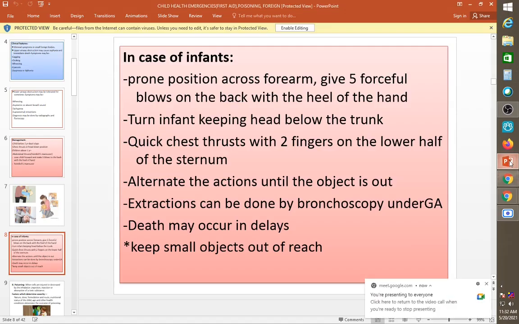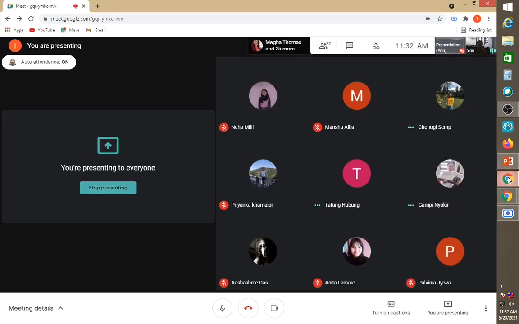Five forceful blows on the back. What is that called? Back slap. Do you understand? I'm talking about back slap. The child is taken in prone position and then 5 forceful slaps are given on the back.